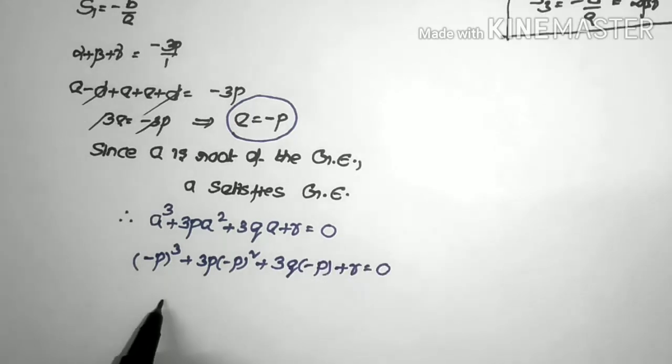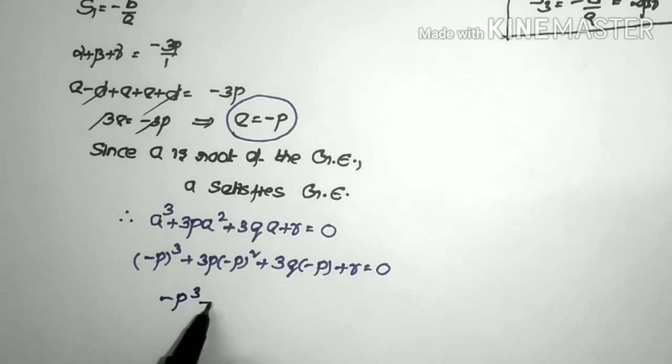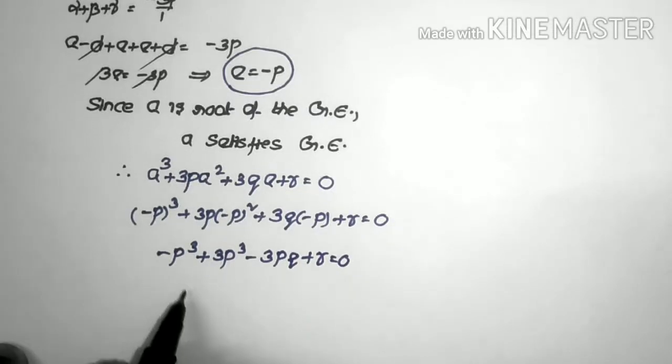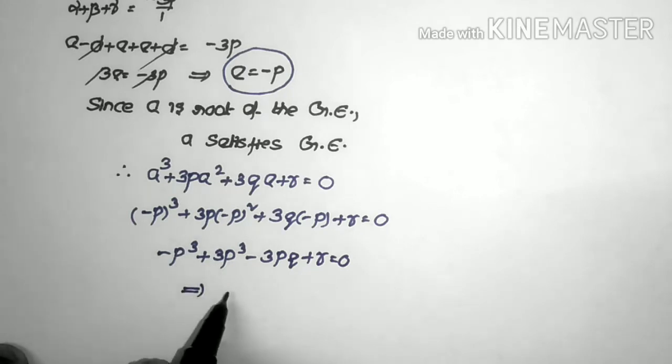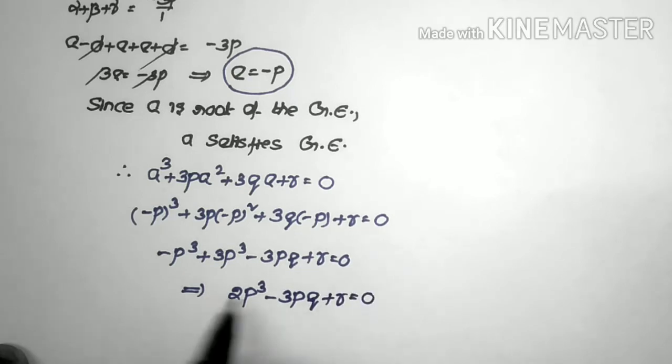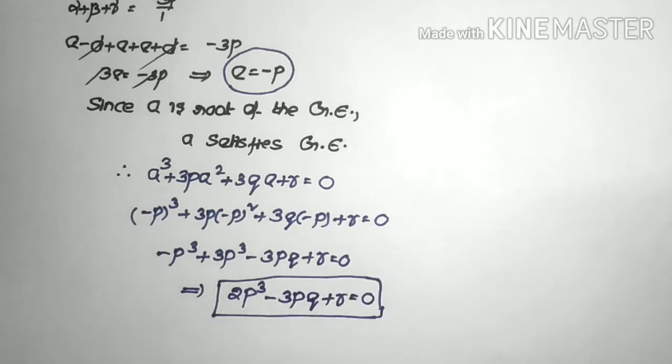That is minus p cube plus 3p cube minus 3pq plus r is equal to 0, which implies 2p cube minus 3pq plus r is equal to 0, which is the required answer. This is the condition for the roots to be in AP. That's a most important essay question, a guaranteed most expected essay question.